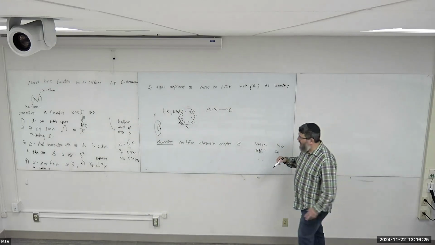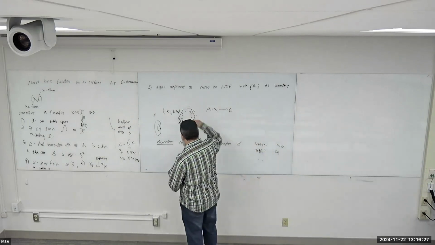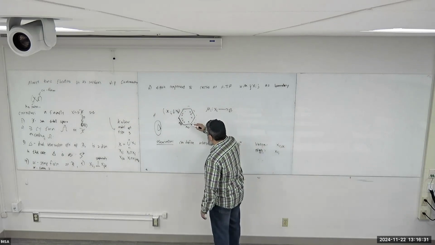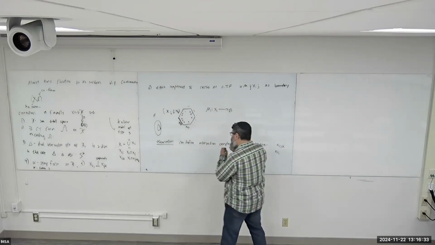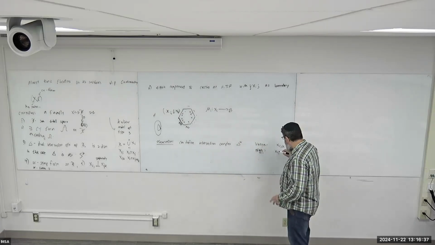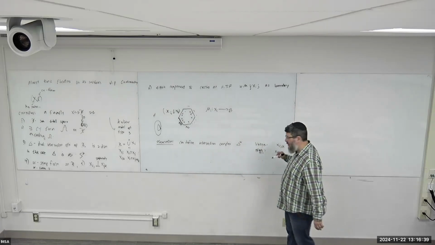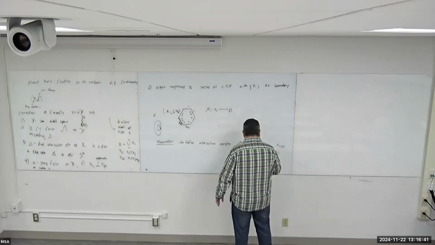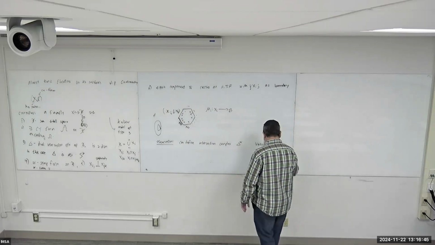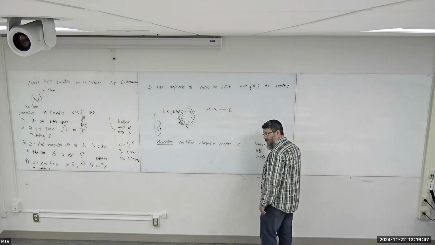In particular, each Xij is a sphere, and it meets exactly two of these vertices, and then you have two cells, or the Xi's.